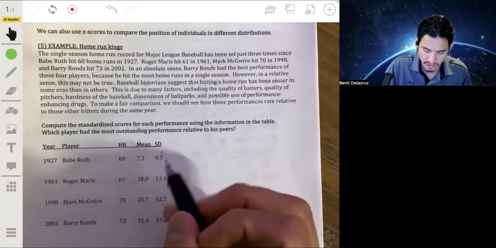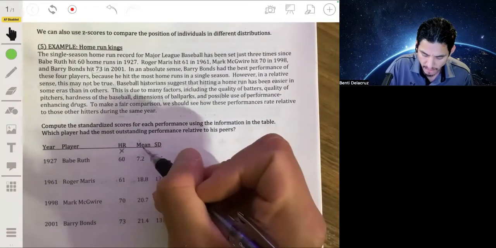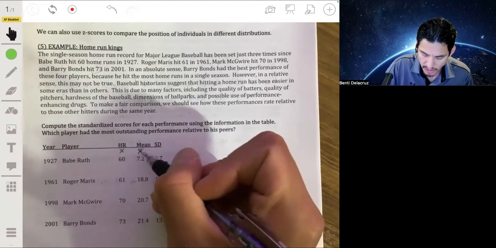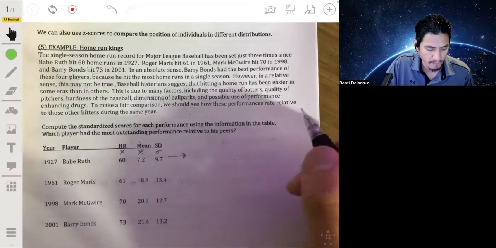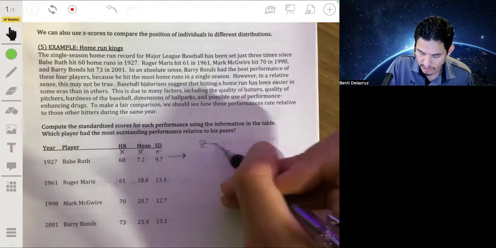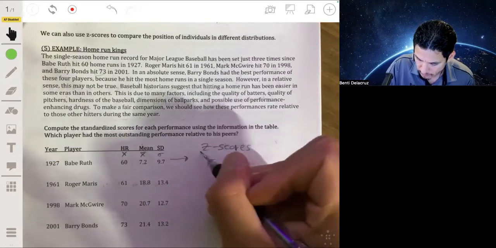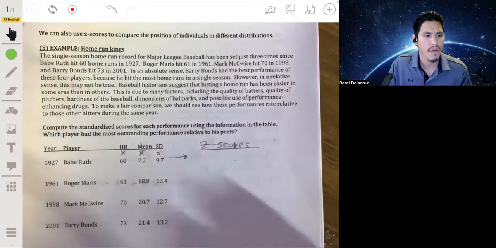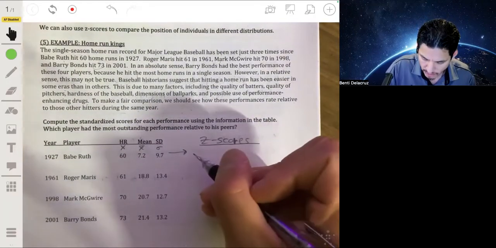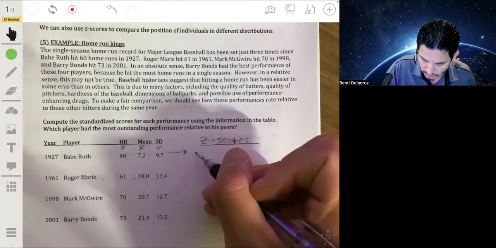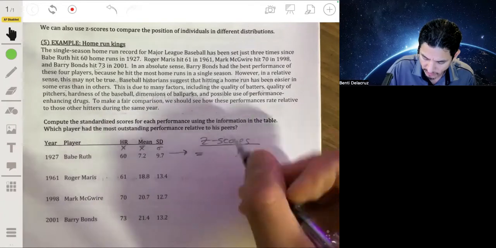So here are the values. The home runs represent our x values, the means are our x bar, and the standard deviation is our sigma. For Babe Ruth, let's calculate the z-scores. His z-score would be equal to 60 minus 7.2.